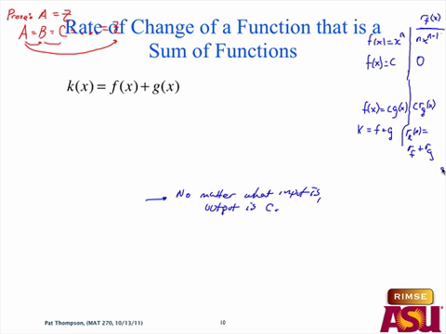F of x plus H minus F of x, plus G of x plus H minus G of x. That's a good start. Well, why are you stuck? And then it's over H, so you can divide the H between the two.